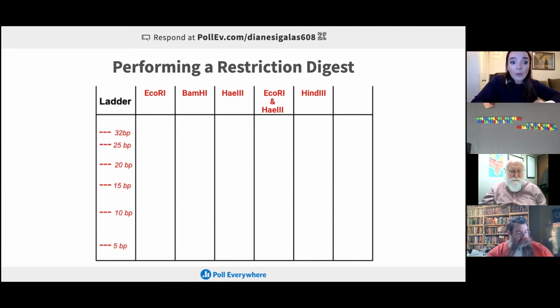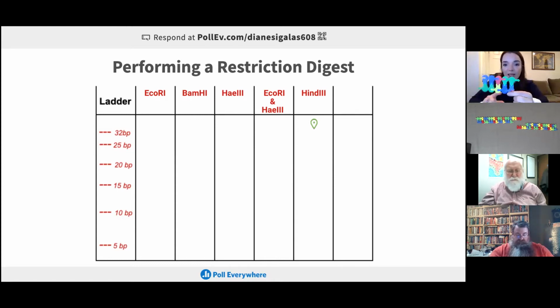So what I would like you to do is when you go to polleverywhere.com/Diane Sigalas 608, that's going to take you and it's going to show you this wonderful picture. So using whichever restriction enzyme you had, can you mark down where your cuts were, or how many base pairs it was for you to make those cuts?